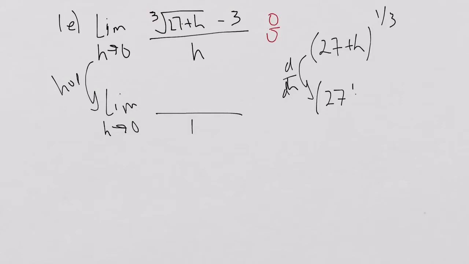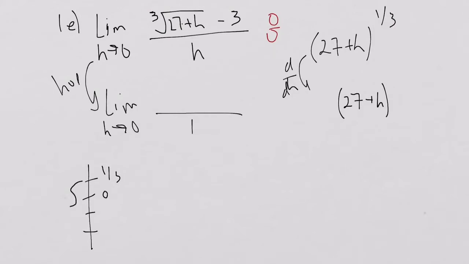27 plus h, and then I need to go a full unit below 1/3. So if I were to draw a number line vertically and put 1/3 there and 0 here, well, I need to go down to here because this would be 1, 2, 3/3.